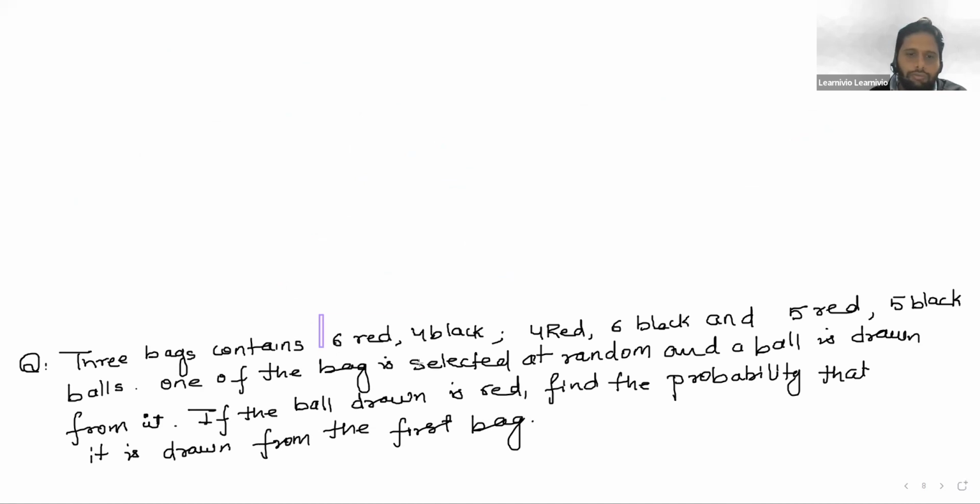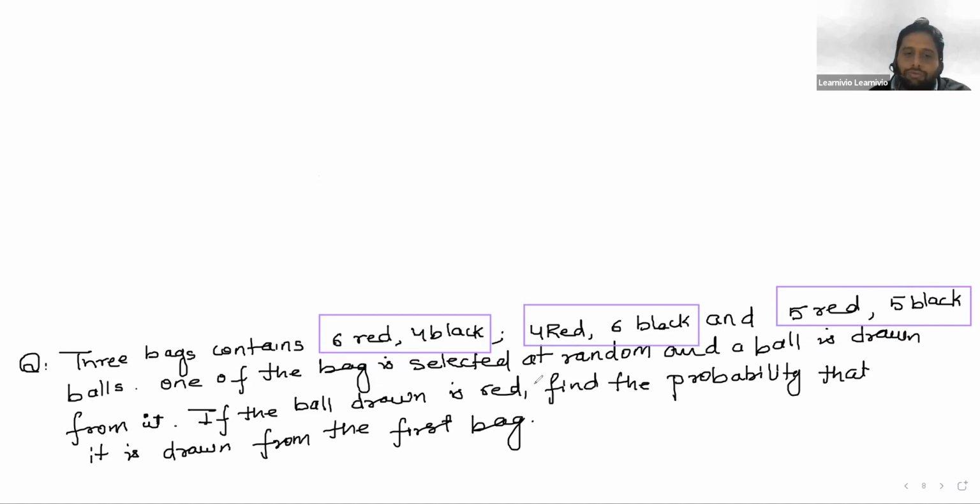Okay, so you have three bags. The first bag has this many balls, the second has this many, and the third has this many. One of the bags is selected at random and a ball is drawn from it. If the ball drawn is red, find the probability that it is drawn from the first bag.